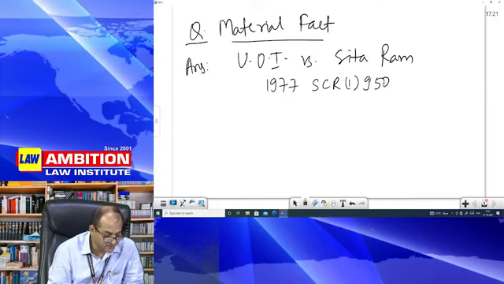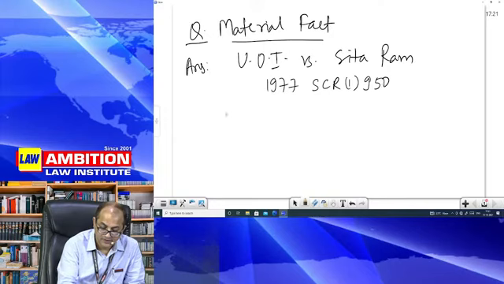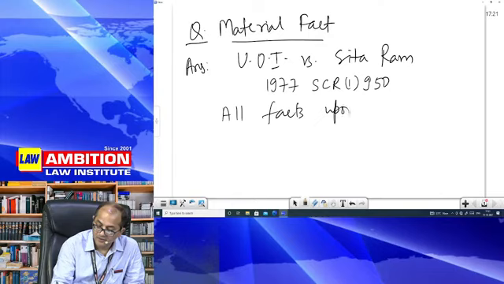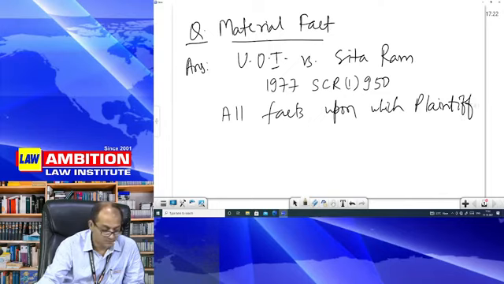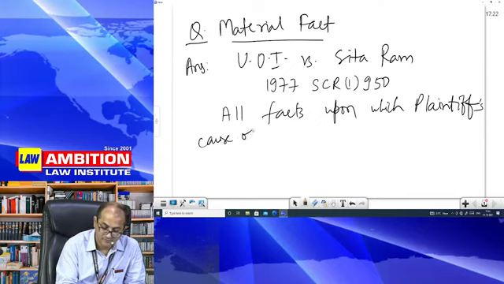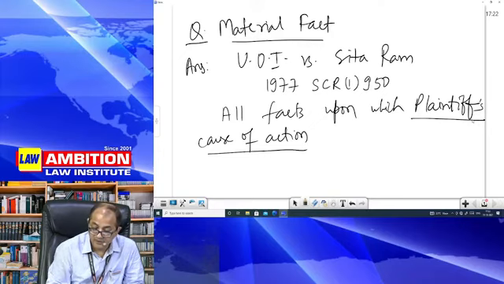It says, all facts upon which the plaintiff's cause of action depends. This is also material, and the defendant will write his WS, that is written statement, in answer to your claim. So in his case it says, or defendant's defense.